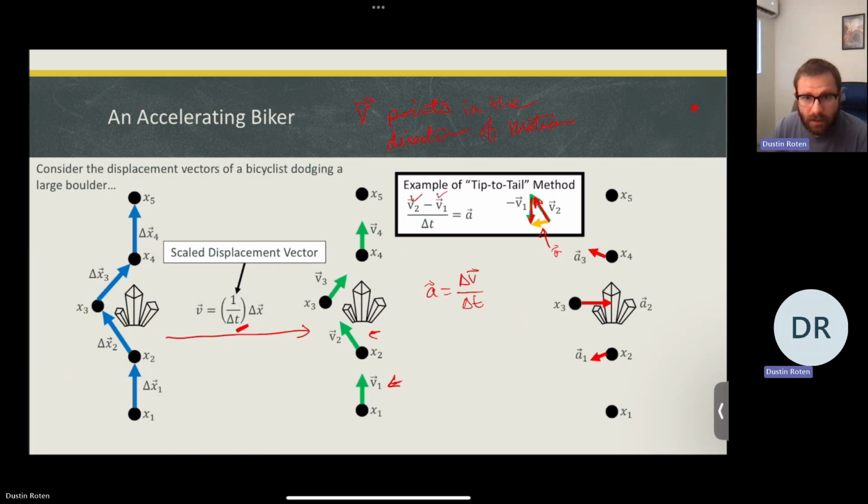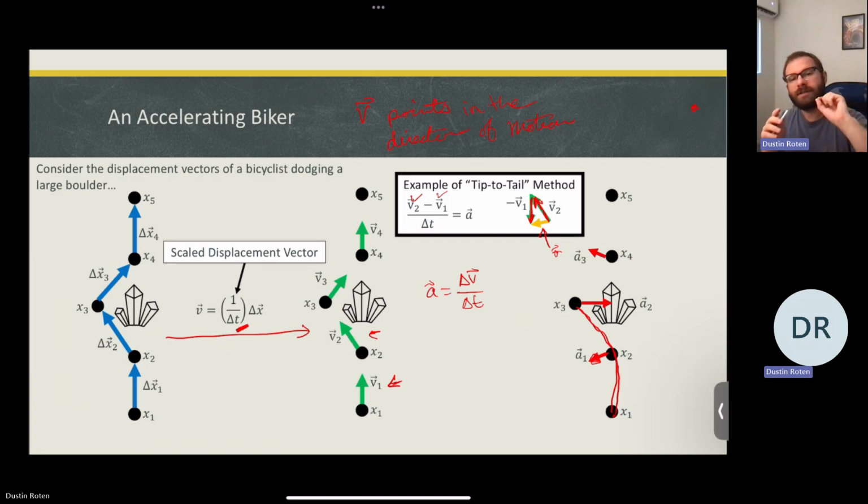And you'll notice my acceleration doesn't point in the direction of motion at all. It actually points over here, it points toward the center of this circle that I'm sort of driving around. So the path of the biker starts making this curve to the left to dodge the rock, and what's being said here is that he's accelerating to the left.